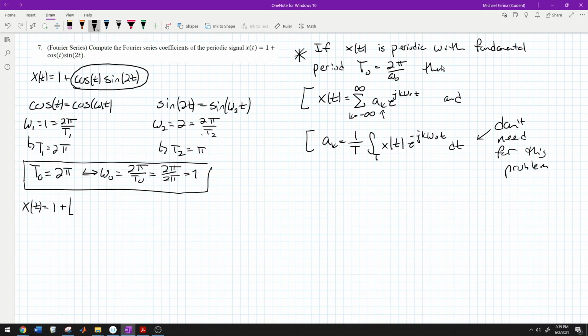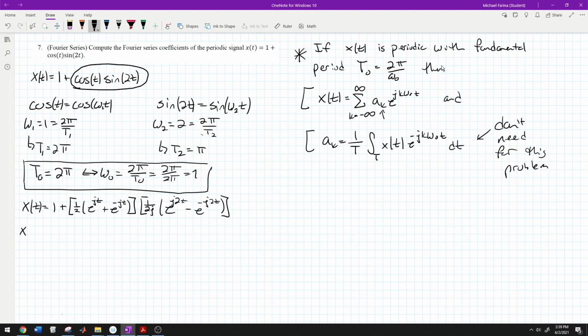So we have that cosine of t is equal to 1 over 2 times e to the j t plus e to the negative j t, and that's multiplied by 1 over 2j, and that's multiplied by e to the j 2t minus e to the negative j 2t.